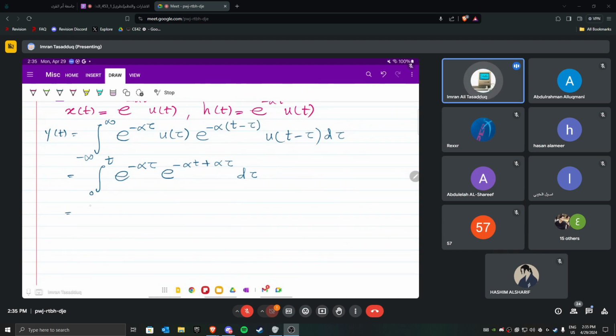Then this is equal to integral 0 to t e to the power minus alpha tau. Now I can separate them because there is a t and there is a tau, and t does not depend upon tau, so we have to take this out. So to take it out, I have to separate these powers.